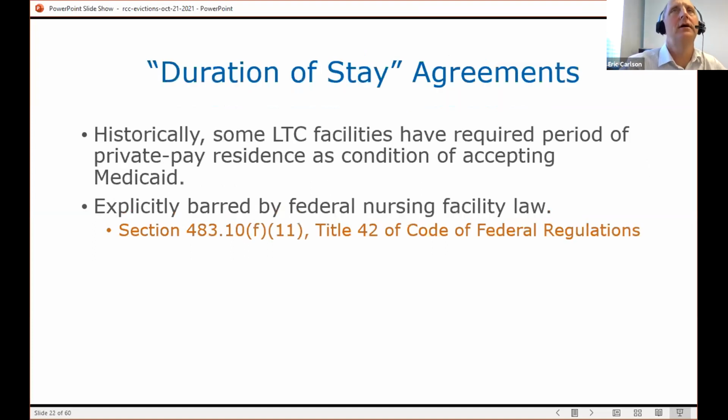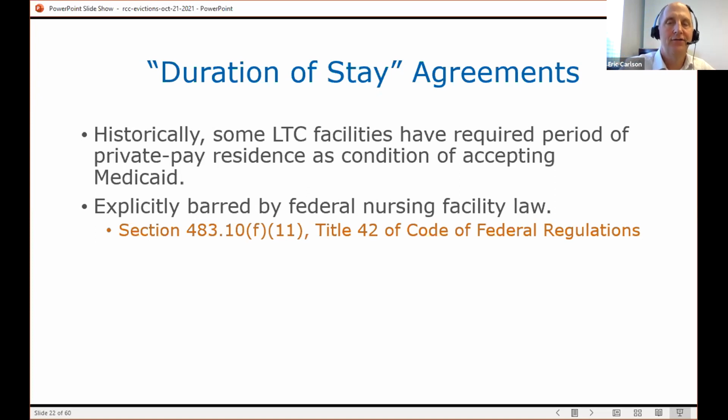Next slide, please. Some nursing facilities or assisted living long-term care facilities more generally have not been particularly good about this over the years, and this goes back decades in the case of nursing facilities. They had policies that told residents that they would accept the resident's Medicaid, but only if the resident paid privately first for a specific period of months or years.